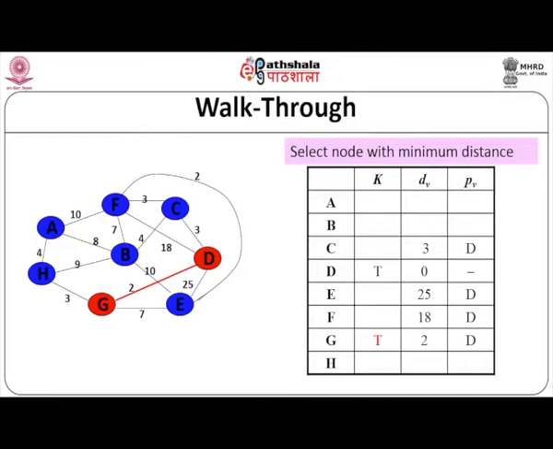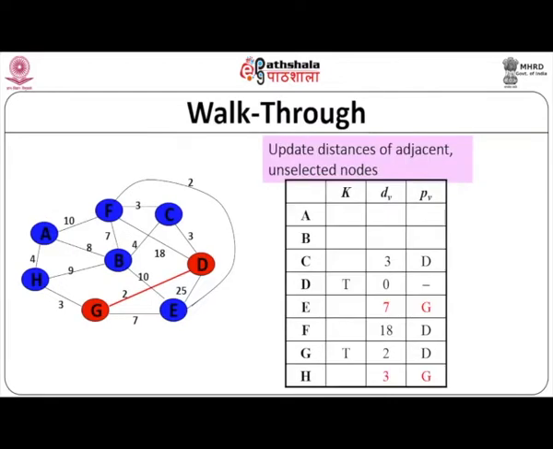Next, update distances of adjacent unselected nodes. Okay. Now, to D and G, what are the nodes? Now, to G you have 2 nodes, H and E, connected.